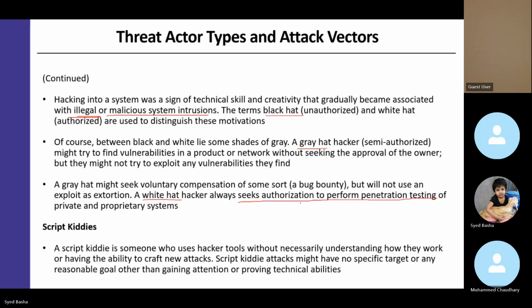See the wording: when you say black hat, it is hacking, but when you discuss white hat, they say authorized or performing penetration testing.